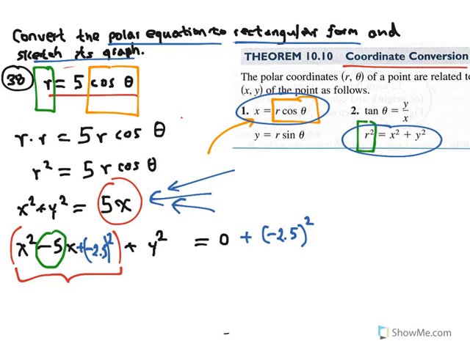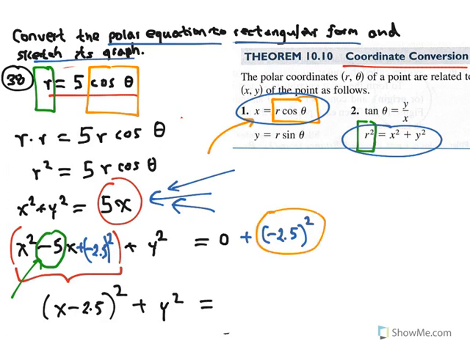The point of completing the square here is that now I have a completed square, and I can write this trinomial as the square of a binomial, x minus 2.5, and of course the minus 2.5 is half of the negative 5. Then I will square that binomial, and then I have plus y squared, and on the right side I have the square of negative 2.5, which is the same as the square of positive 2.5.